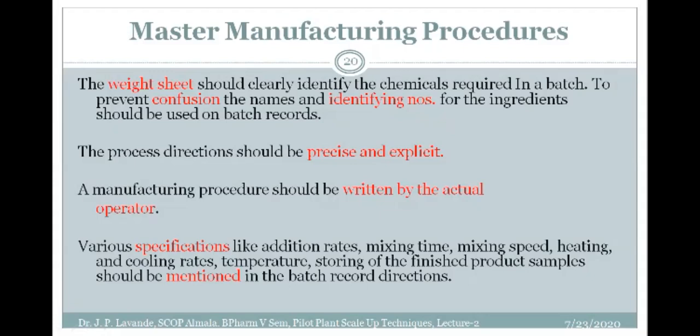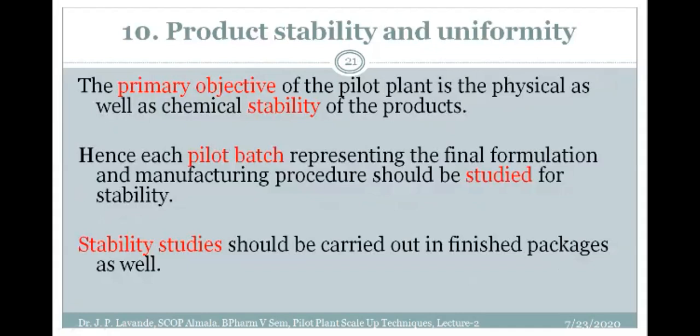So, in fact, in a nutshell, the master manufacturing procedure should contain A to Z information right from ingredient up to the manufacturing. The product stability and uniformity. The primary objective of the pilot plant is the physical as well as chemical stability.